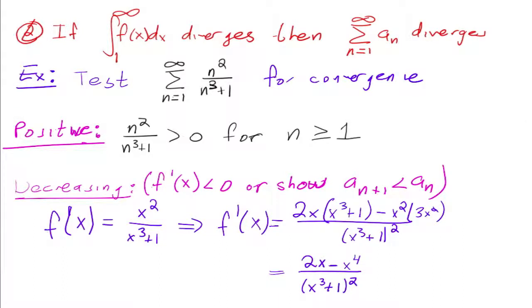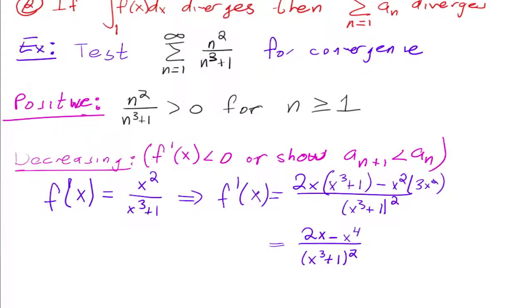Okay, so when is this negative? Or is it ever negative? The bottom is always positive, right? So this is less than 0 when 2x minus x to the 4th is less than 0, right? You guys agree? Or when x to the 4th is greater than 2x, if you move it over to the other side.